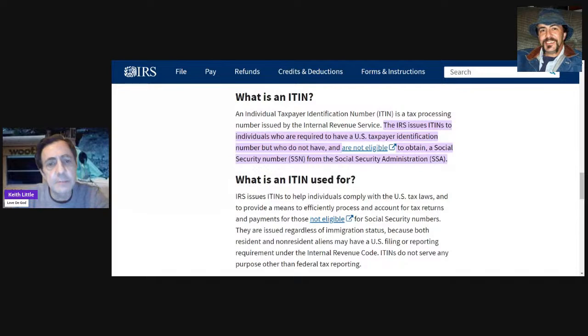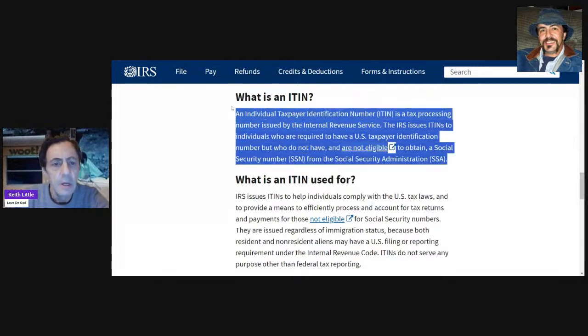An individual taxpayer identification number is a tax processing number issued by the Internal Revenue Service. The IRS issues ITINs to individuals who are required to have a U.S. taxpayer identification number, but do not have and are not eligible to obtain a Social Security number from the Social Security Administration. So, how can you be required to have?